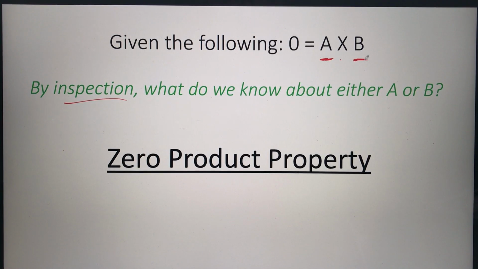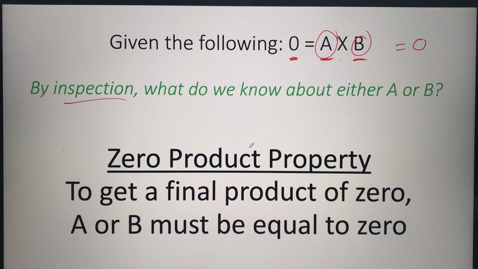What has to be true is that either a or b must be equal to 0. That's the only way to get a final answer of 0. That's called the zero product property. To get a final product of 0, a or b must be equal to 0, either one of them.